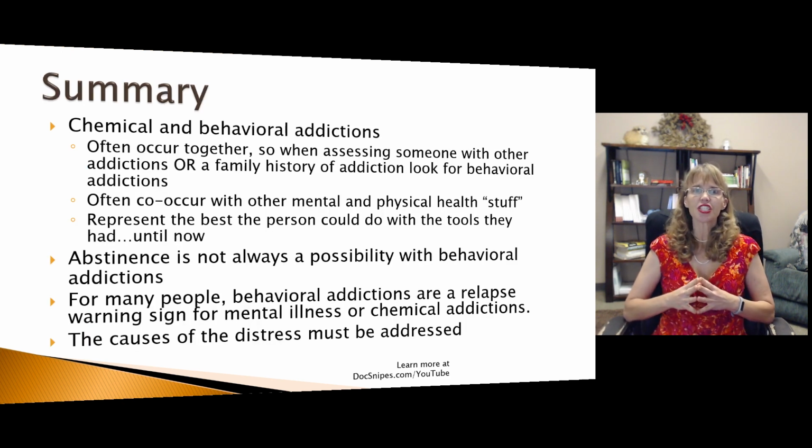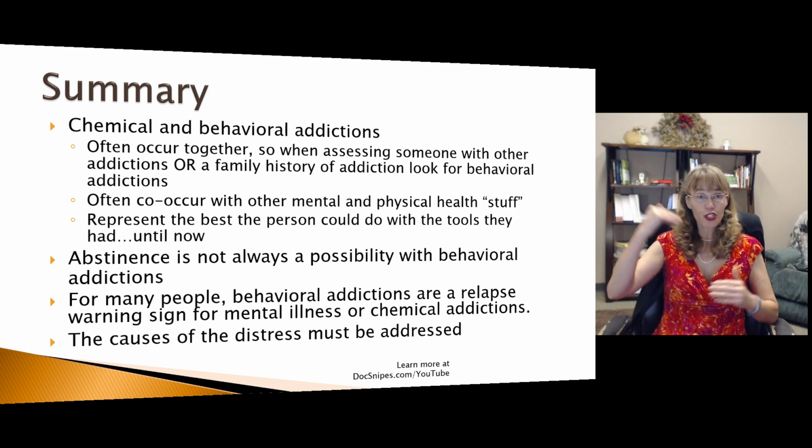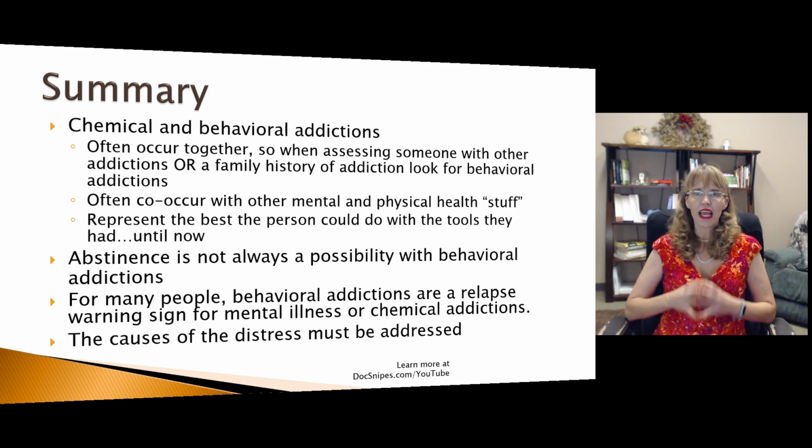Chemical and behavioral addictions often occur together. So when assessing someone with other addictions or a family history of addiction, also look for behavioral addictions. Chemical and behavioral addictions often co-occur with other mental health and physical health issues. So we want to make sure we're screening for those things as well, and represent the best way the person could cope with life with the tools they had at that point in time.